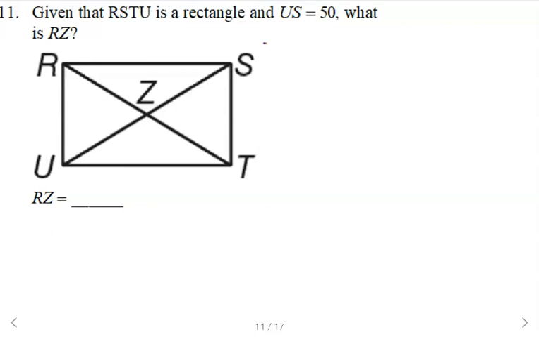Alright, this is a rectangle. The diagonals in a rectangle are congruent, and they also bisect each other because rectangles are parallelograms. So if US is 50, then each of these is 25. And our goal is to find RZ, which is 25.